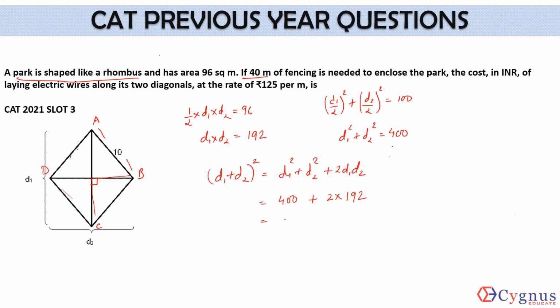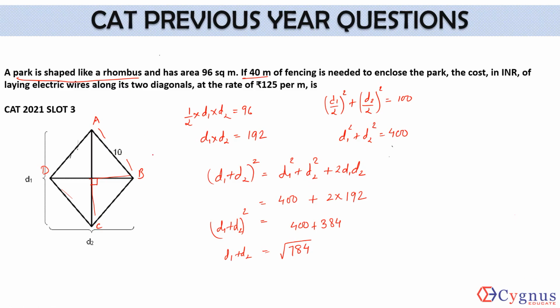So effectively, what do we get here? 192 into 2, that is 384, plus 400. So D1 plus D2 whole square is equal to 784. So D1 plus D2 must be equal to square root of 784.